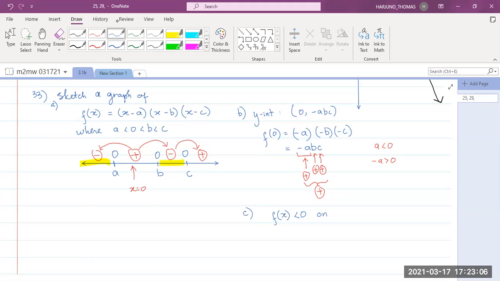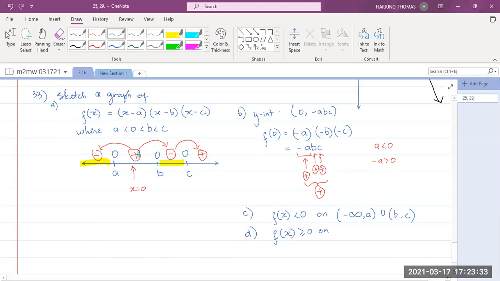So f(x) is negative on the interval negative infinity to a, union b to c. Now part D. What is the solution for f(x) greater than or equal to 0?